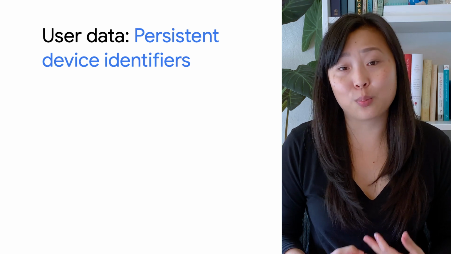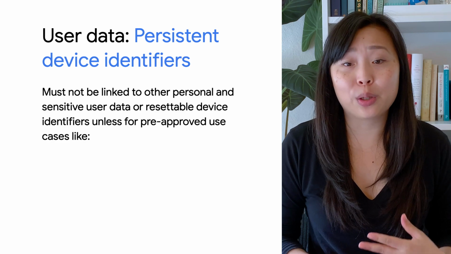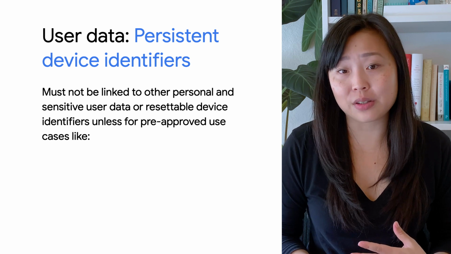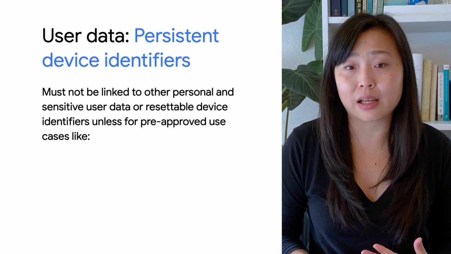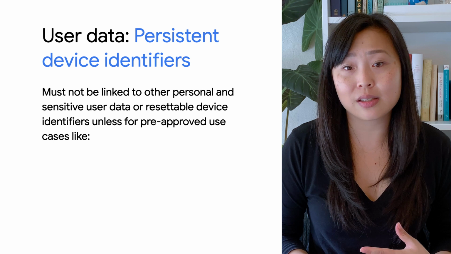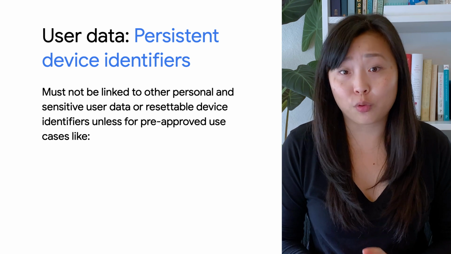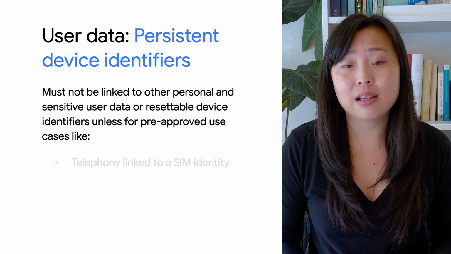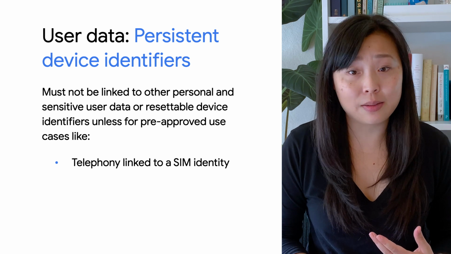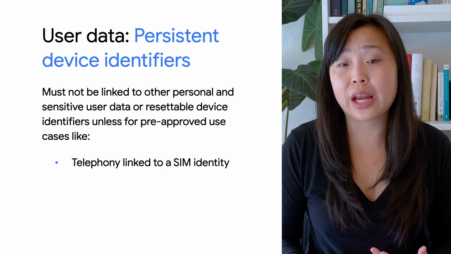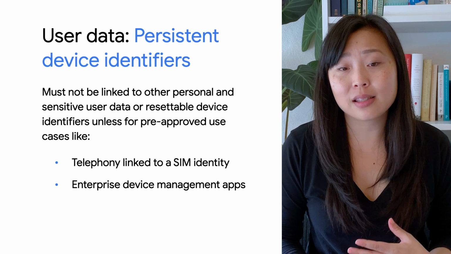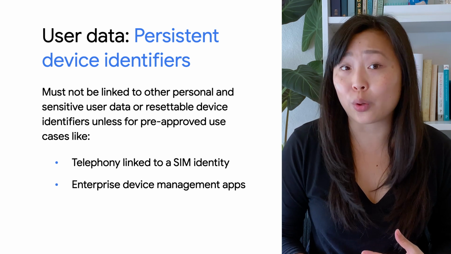Another change we're making to protect user privacy is to prohibit linking persistent device identifiers to personal and sensitive user data or resettable device identifiers. We'll make exceptions for pre-approved use cases such as telephony linked to a SIM identity, such as Wi-Fi calling linked to a carrier account, and enterprise device management apps using device owner mode.